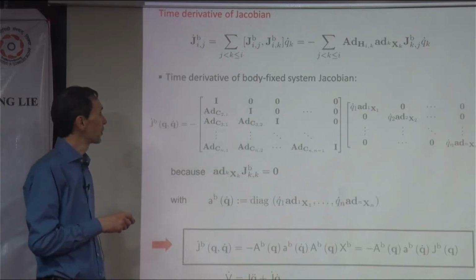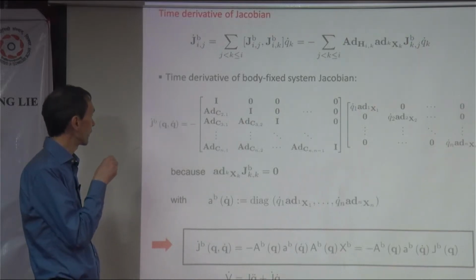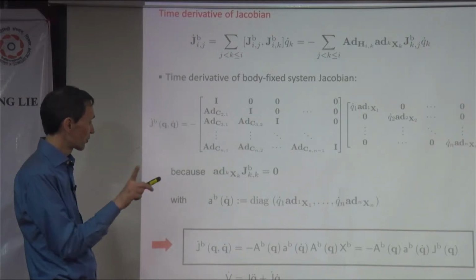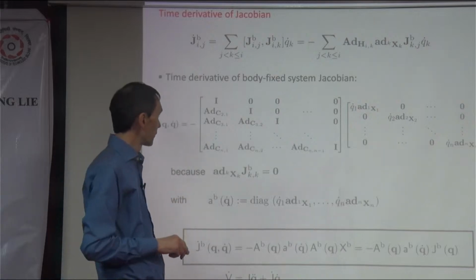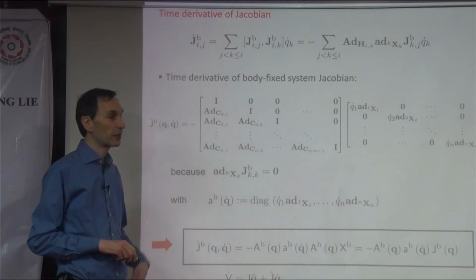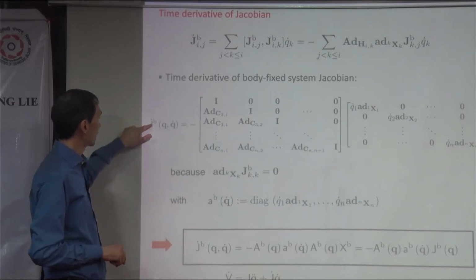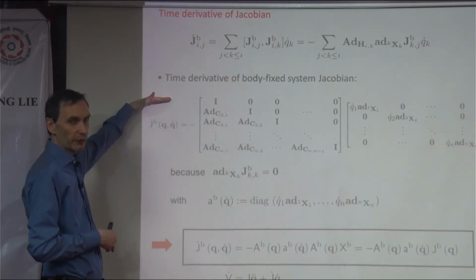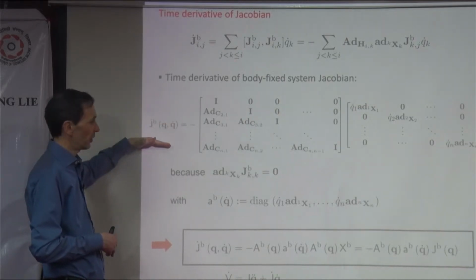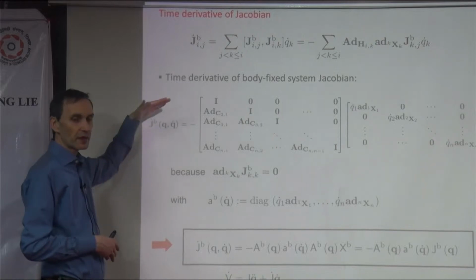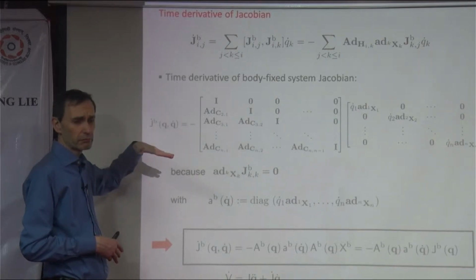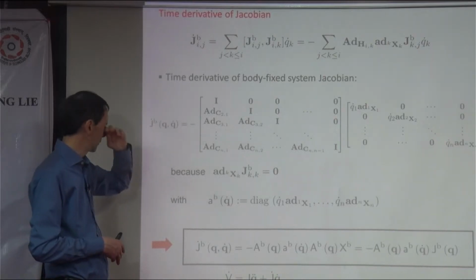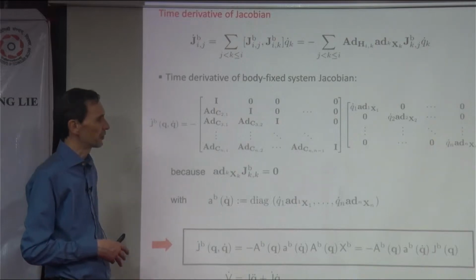So what was the system Jacobian? The big system Jacobian J was the one where we have first the Jacobian for body 1, body 2, up to body n, so it's a 6n times n matrix.